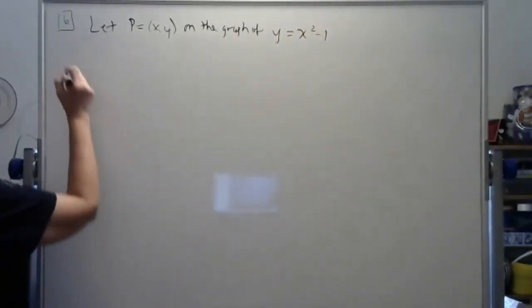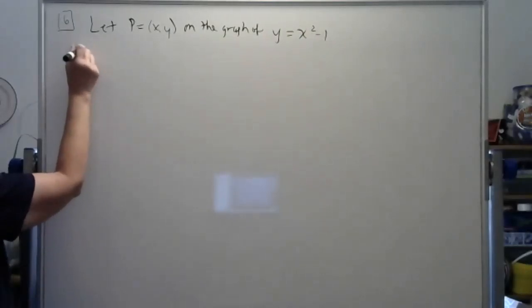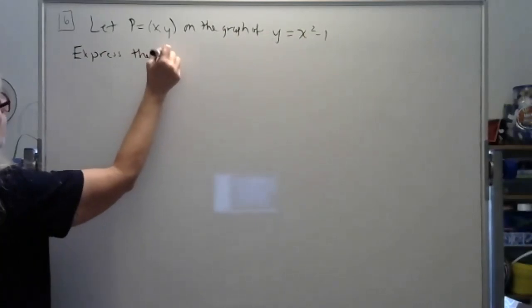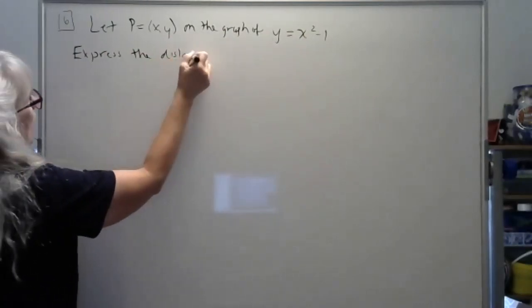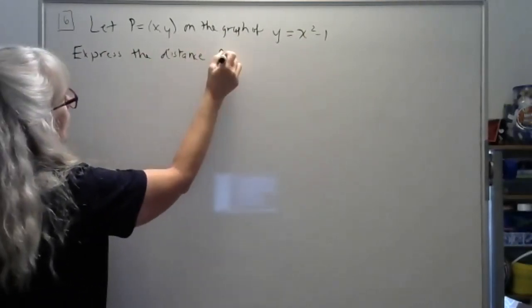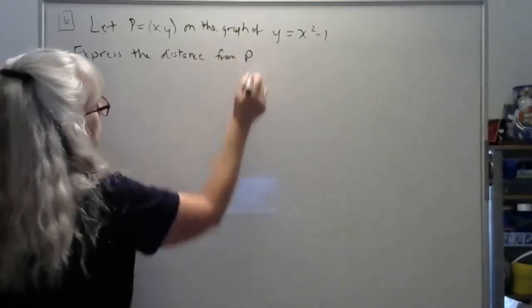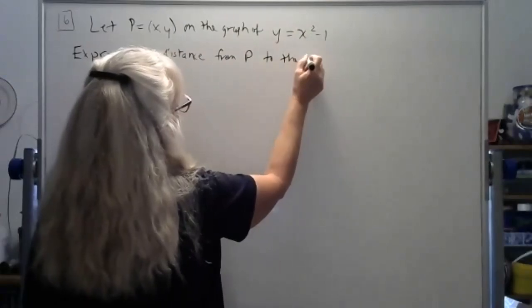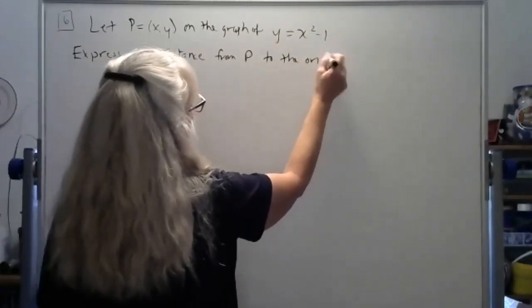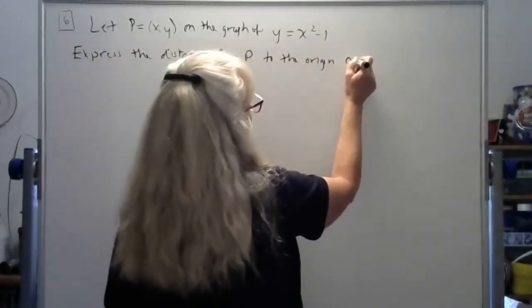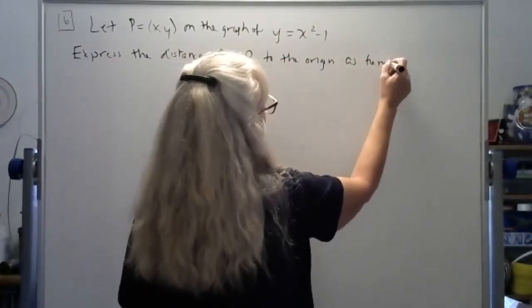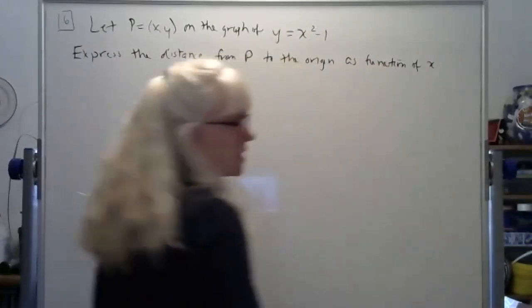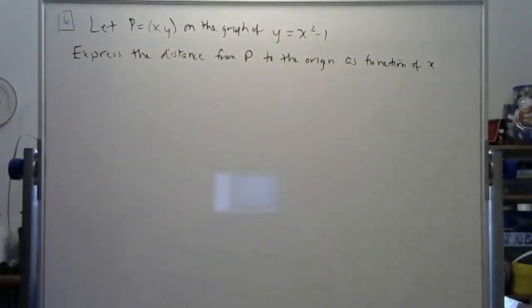What I want to do is simply express the distance from P to the origin as a function of x. So this is from section 3.6 is where this one comes from.